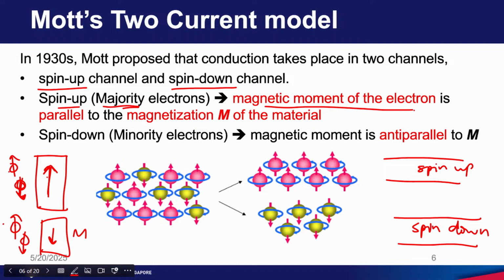So, it is with respect to the direction of magnetization, whether it is parallel or anti-parallel, that we have this definition. Okay. So, from this slide you just take that there are two paths for the two electrons. Okay. Spin up electrons go in one path, spin down electrons go in another path.